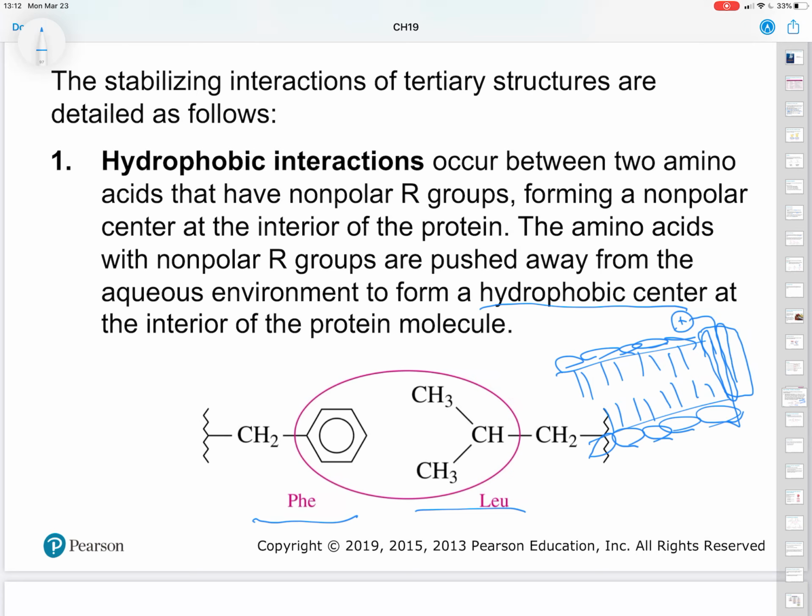These proteins are made up of big long chains of amino acids. So all of the amino acids that are right here in the middle of this protein are probably nonpolar, because this whole area right here is nonpolar. All of the amino acids on the outside here are probably polar, because that's where water is. And they're the ones interacting with the water.